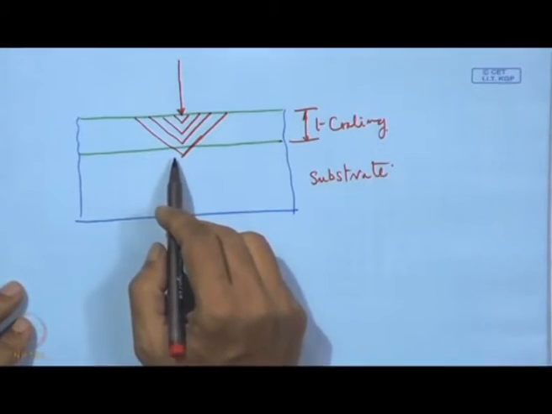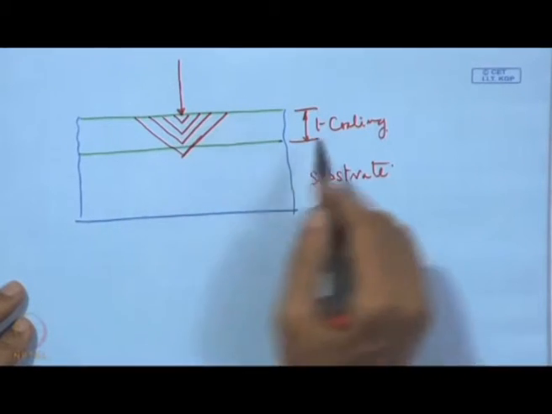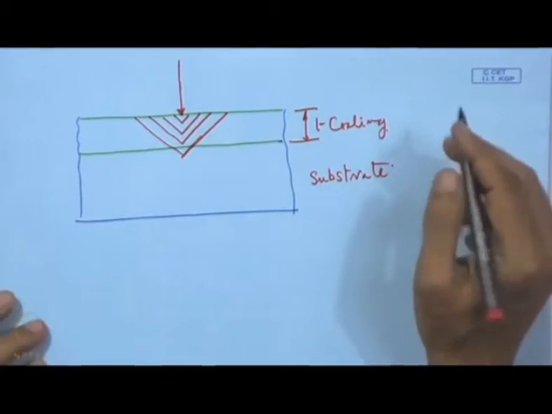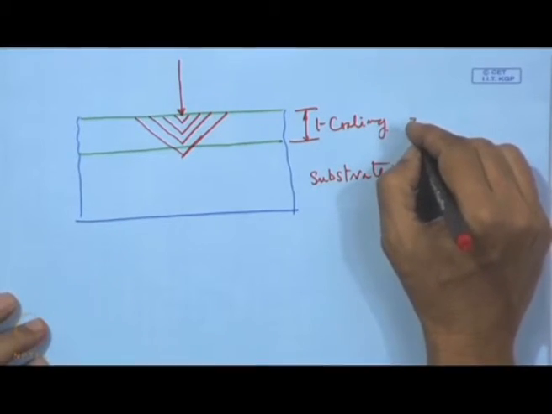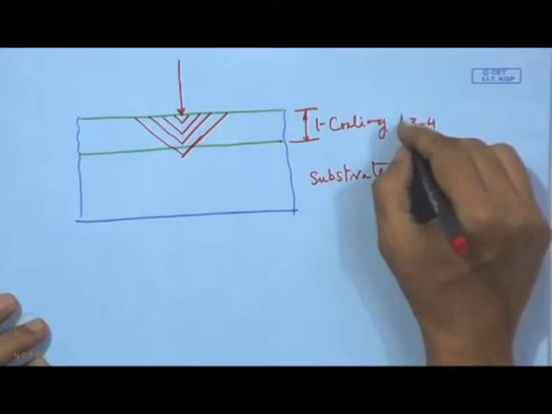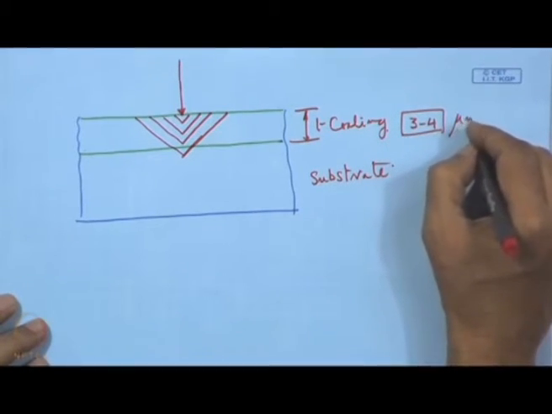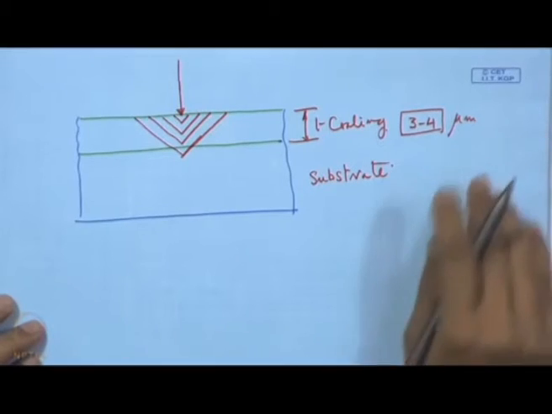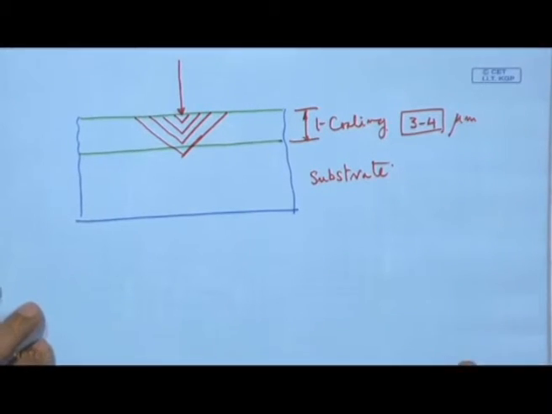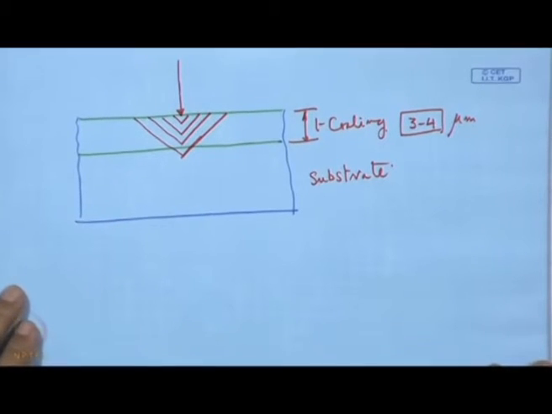Anyway, what we see is that, given the coating thickness, say of a hard coating, a reasonable coating is 3 to 4 micron, and if it is a well developed coating with all sorts of adhesion, densification, stoichiometry, then crystallographic orientation, if everything is perfectly done, we expect a high value of hardness or wear resistance even with this 3-4 micron coating.